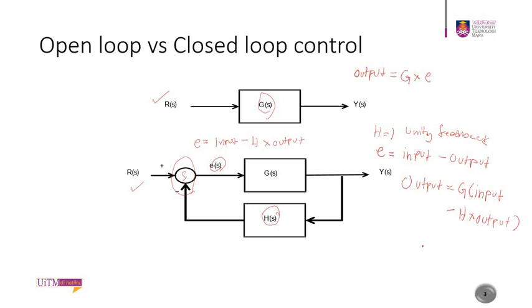Therefore you get G times input equals output plus G times H times output.